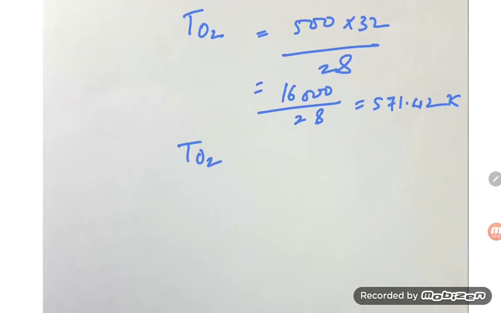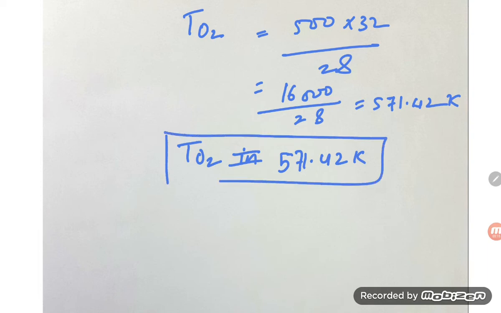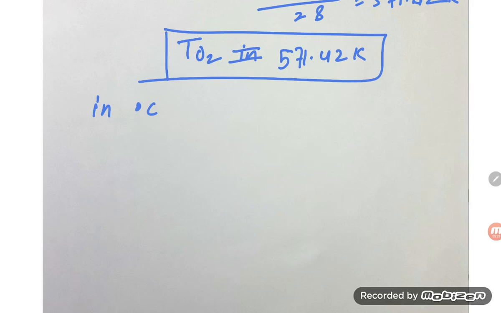Okay, TO2 in degree Celsius. TO2 is 571.42 Kelvin. This is okay, but if you want to calculate in degree Celsius, what we can do student is 571.42 minus 273.